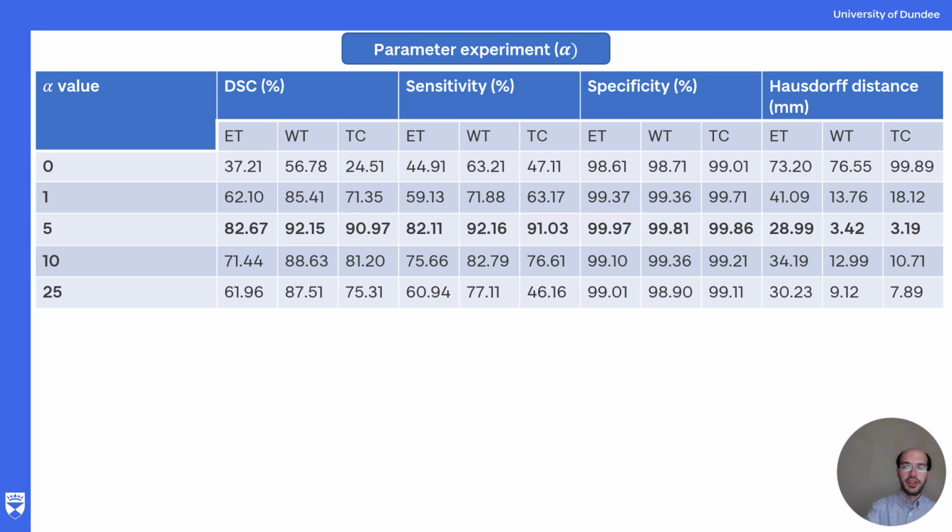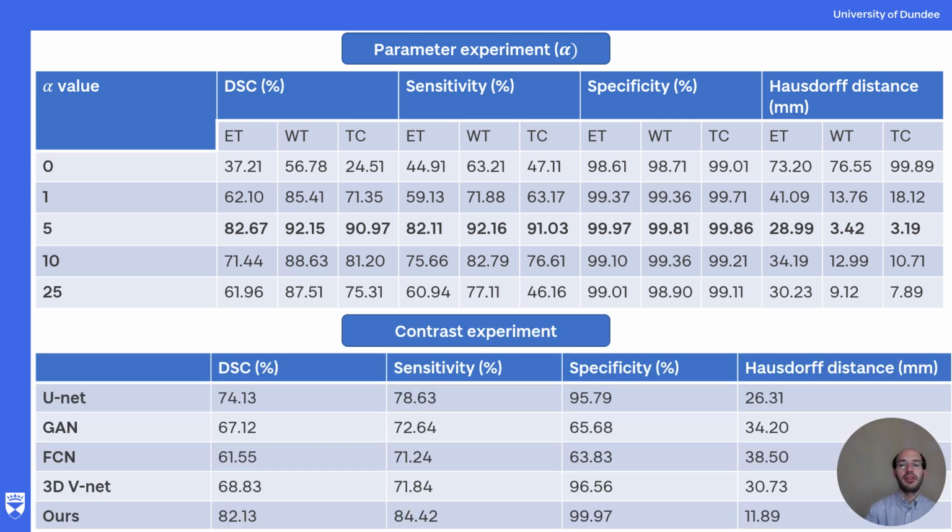In terms of the comparative quantitative results, we perform a comparison with different standard networks such as UNet, GAN, a fully convolutional network, 3D VNet as well. So this is a combination of 2D and 3D networks, and ours. And we were able to show noticeable improvement consistent through all the metrics evaluated.